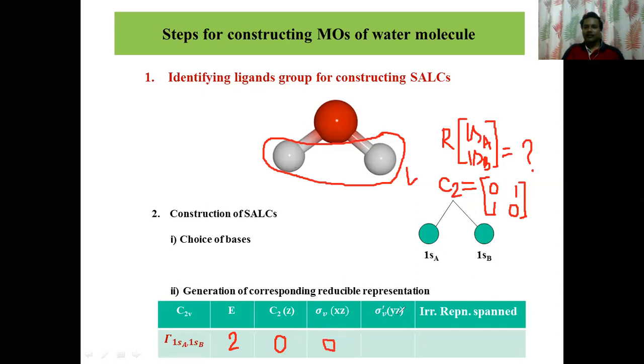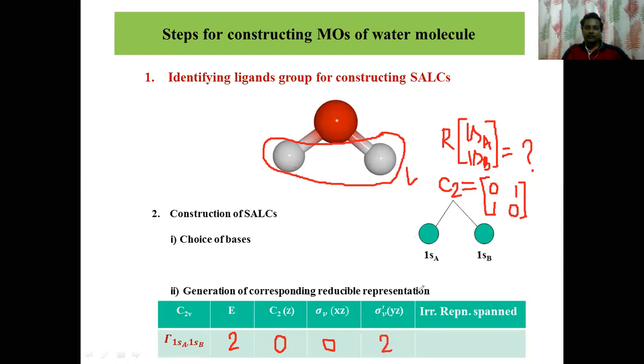Now sigma v prime, which is the yz plane, so that means this is the plane of the screen of the computer. So both 1s A and 1s B remain unchanged, right? So individually they remain unchanged. So therefore each contributes 1, so that matrix representation will be exactly the same as your identity, right? So therefore this is going to be 2.